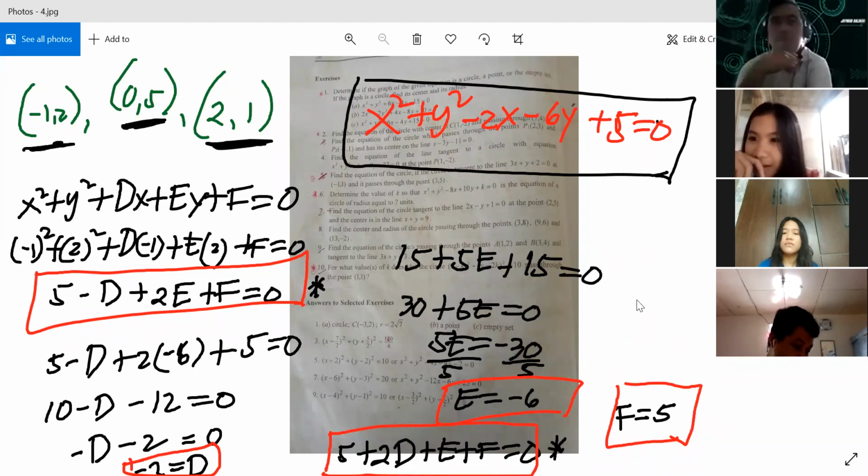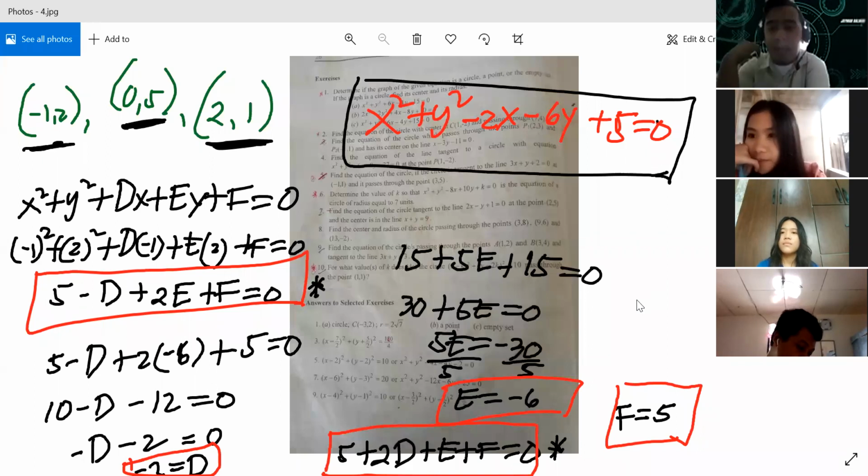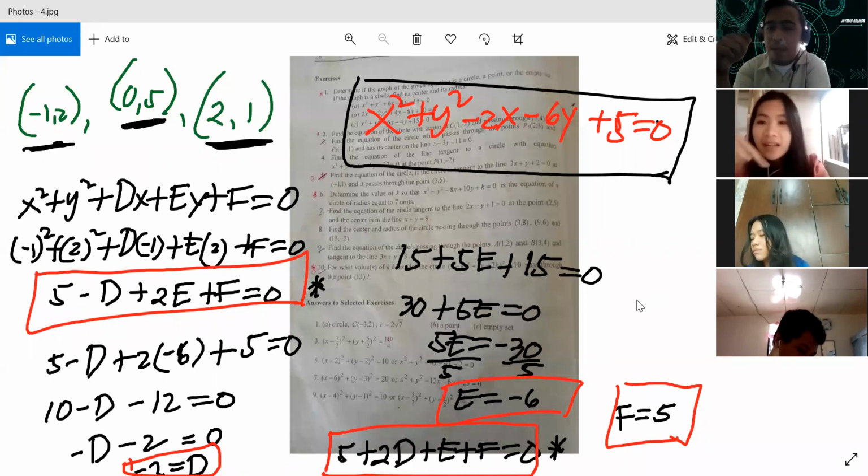Okay. Kung same sign man, kung parehas og sign, ato silang i-subtract para eliminate. Pero kung different ilahang sign, para ma-eliminate sila, kung same ang sign, you subtract. Kung different ang sign, you add. Nakuha?